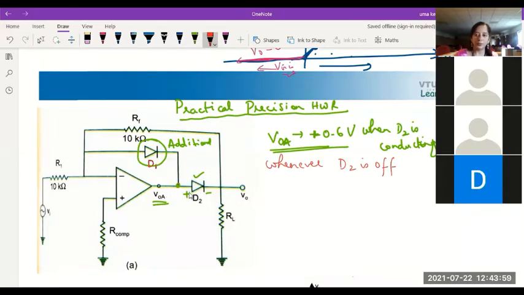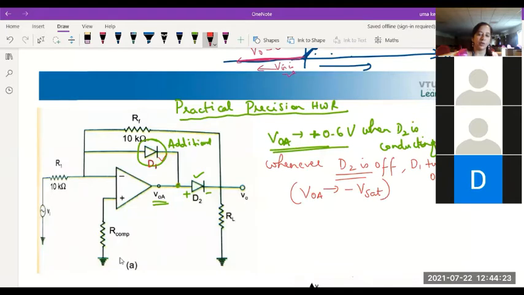So naturally you can guess, if D2 is off, D1 will surely be on. D1 turns on. When will D2 be off? When VOA tends to go towards minus VSAT.